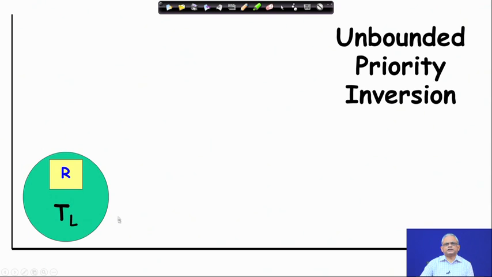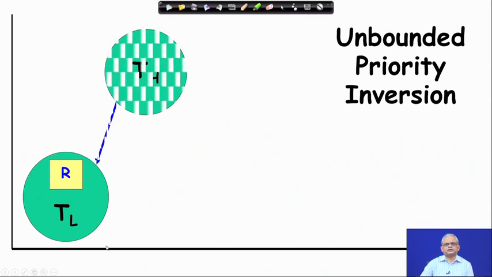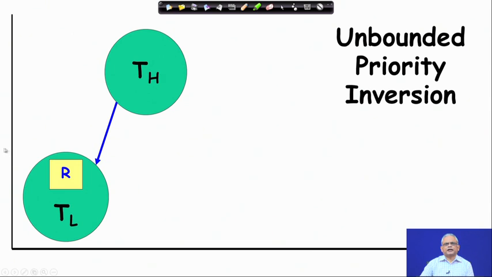After some time in the execution, so the x axis is the time axis, a high priority task became ready, and after some time into its execution it needed the resource R, but TL has already locked it, and the high priority task would have to only wait until TL can release the resource.